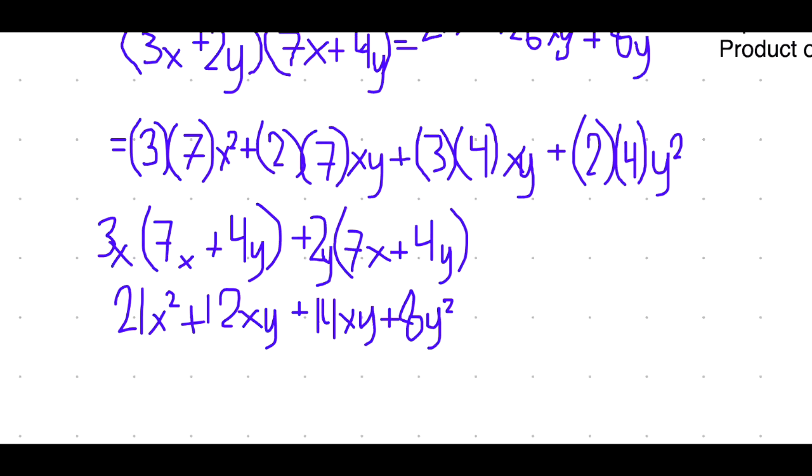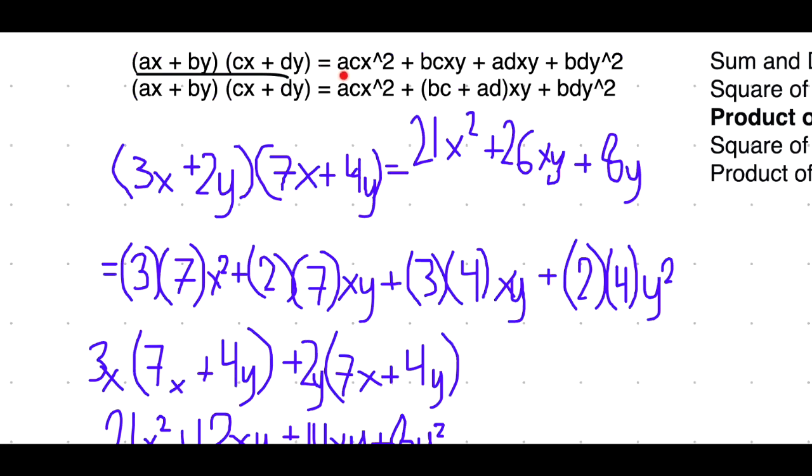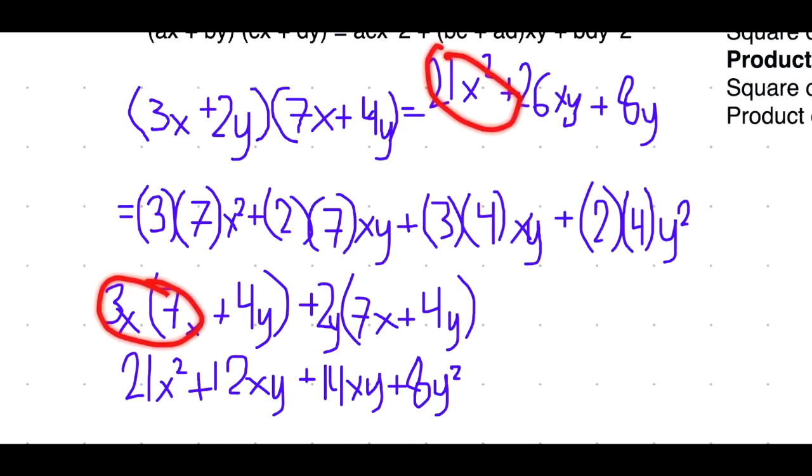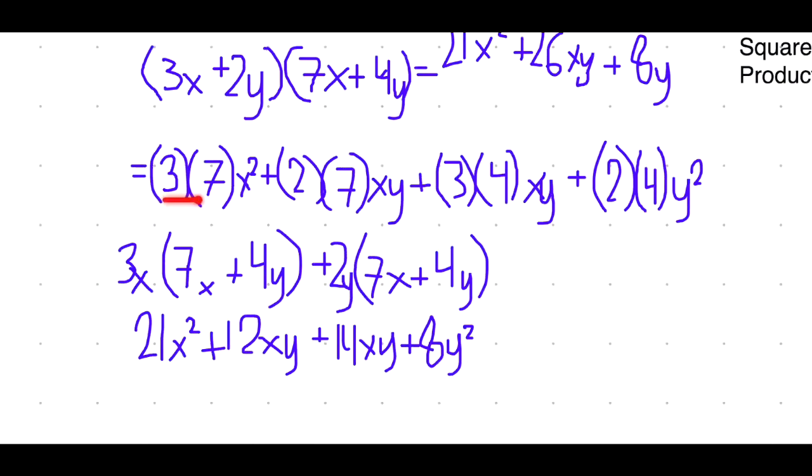And you will notice that through our multiplication, it was all the same values as when we were following the special product. We can see that it's 3 times 7 here, because that's A times C. Remember, A, B, C, D. A times C, that's 3 and 7, leading to 21. Remember here, special product, A times C, x squared.